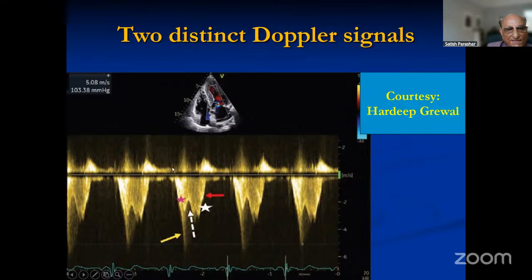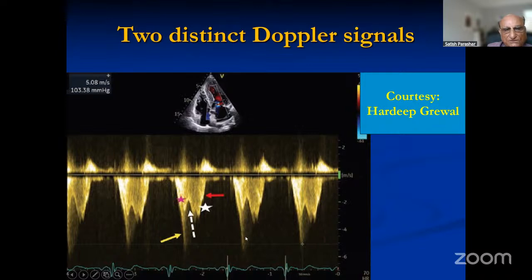You see, again there are multiple distinct Doppler signals. This is sort of a late Doppler from the LVOT. Then there's another signal coming, which is from the obstruction, and you see this signal has got two peaks, one in early diastole, and this early diastole is also seen here.